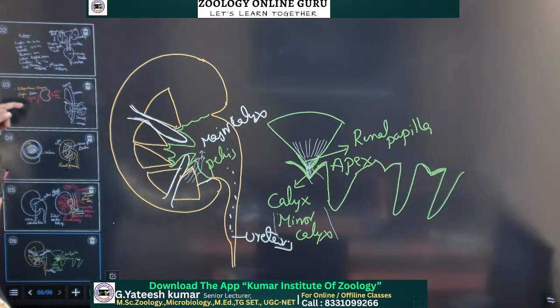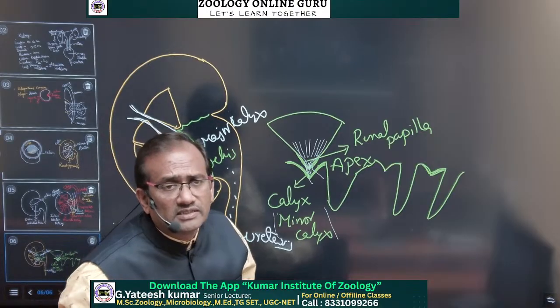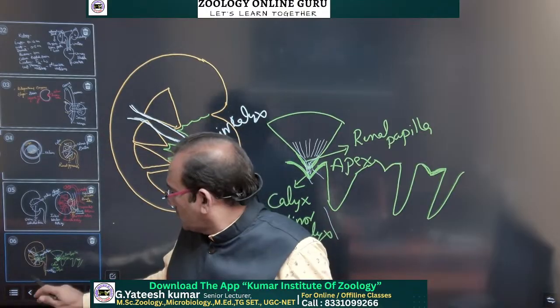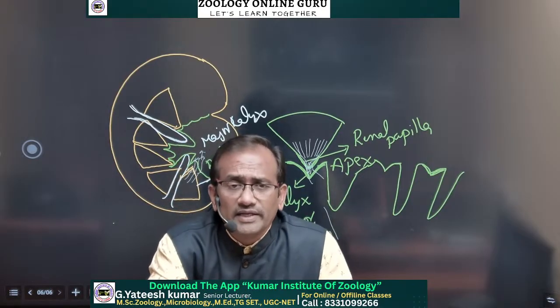So in the slides, we discussed all these things. Between the renal pyramids, the cortex enters inside and forms the columns of Bertini.